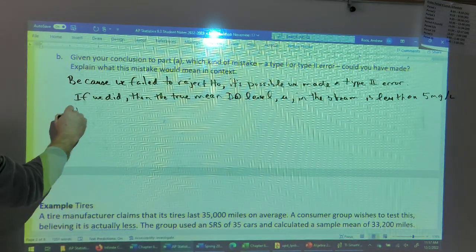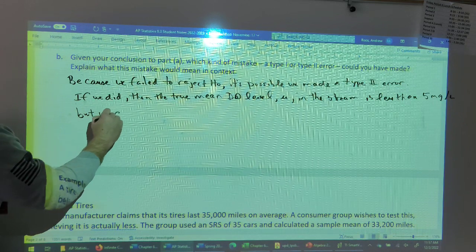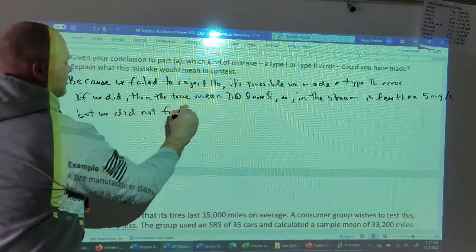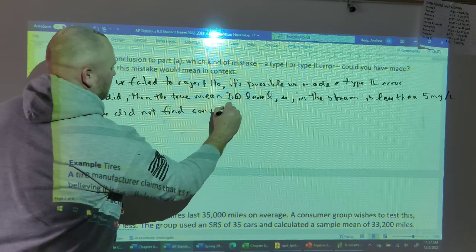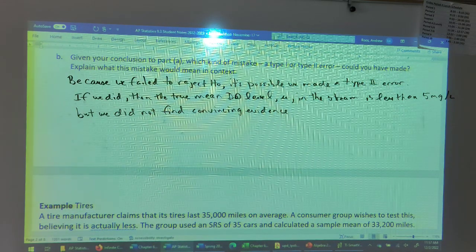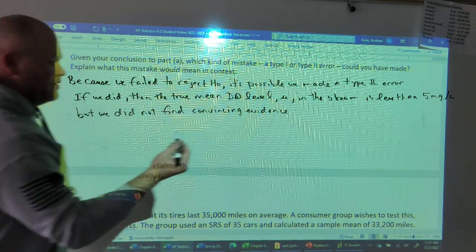But we did not find convincing evidence with our significance test.